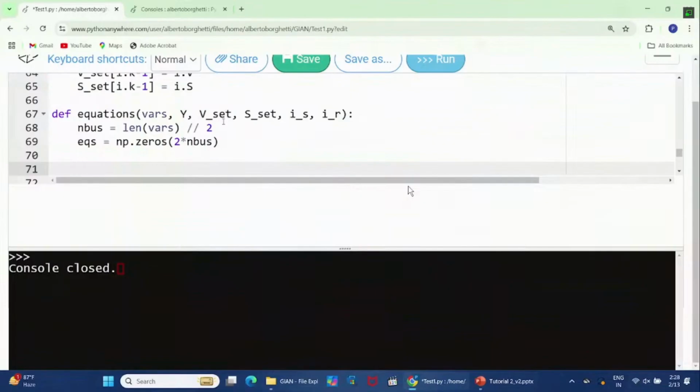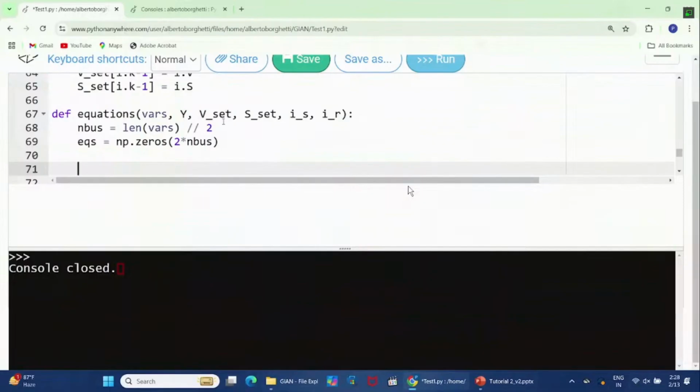These are the equations, and I would like to write them not using vars, but using angle and voltage. So I decide that vars is an array of 4 elements. I decide that the first 2 will be the angles of the voltage in bus 1 and bus 2, and then the modulus.